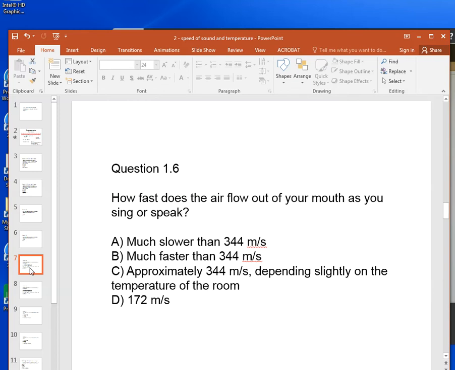So it's actually this vibration that we're creating, the wave of sound, that is moving at what's called the speed of sound, whereas the actual airflow out of your mouth is much lower than that. You can perhaps test this out by holding your hand out in front of you and going, and you might notice that there's a little bit of a delay. Let's say a half second delay.